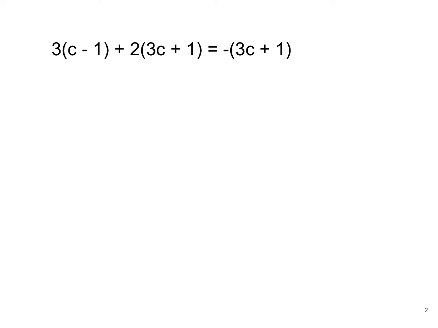All right, so first of all, we are going to do the distributive property. We're going to take 3 and multiply into the first group. So 3 times c is 3c, minus 3 times 1, which is 3. Plus, and then we're going to take the 2 and multiply it in. 2 times 3c is 6c, plus 2 times 1, which is 2.